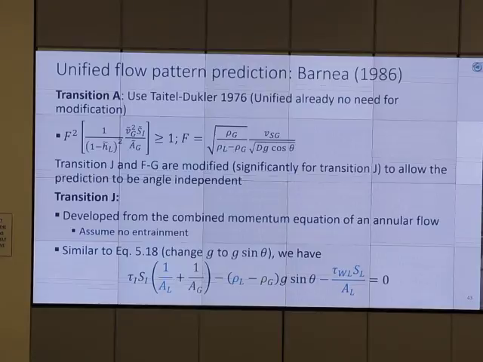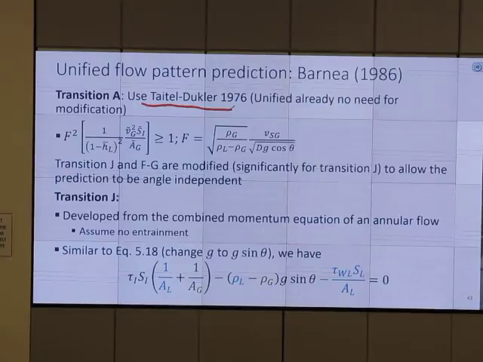Now, by 1986, they tried to make it work with any angle. Transition A from Taitel and Dukler is good already.